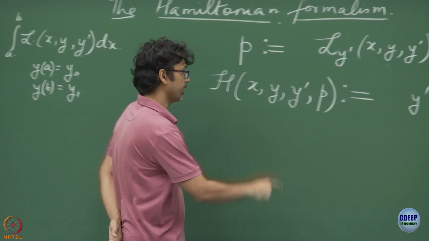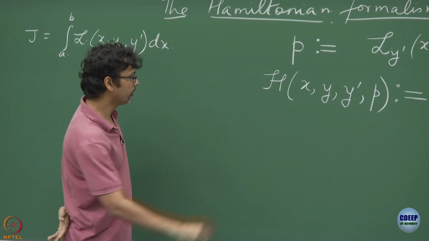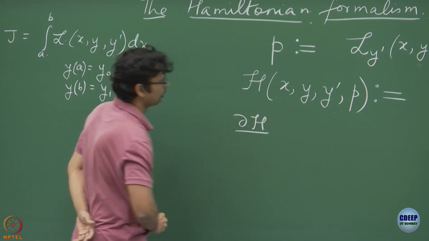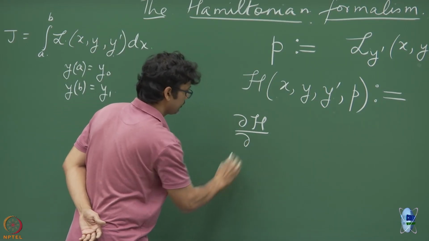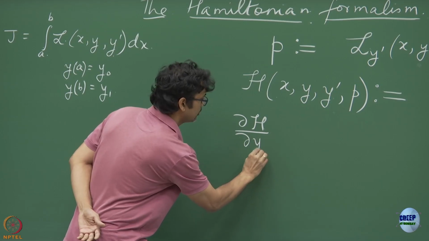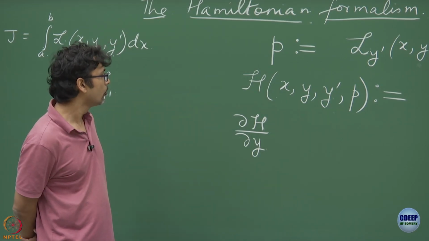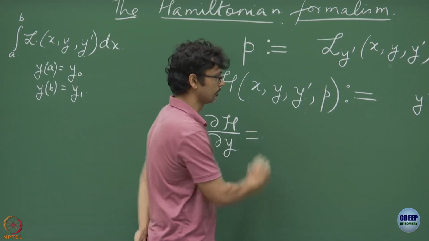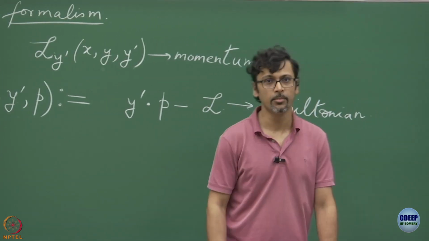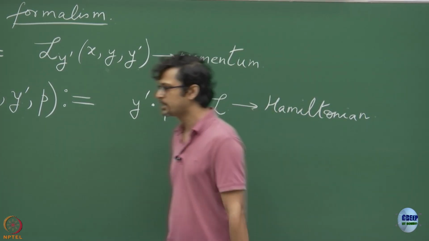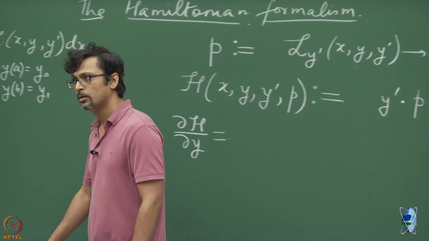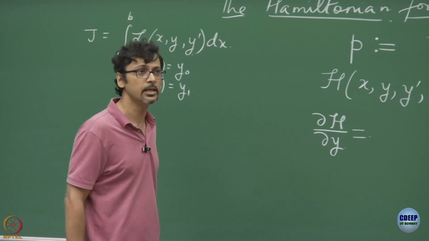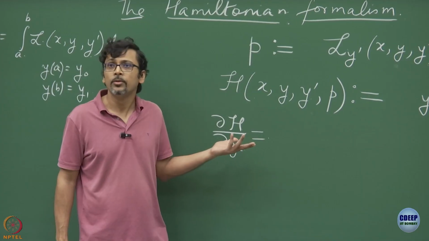All right. So if I were to do the following, the partial of the Hamiltonian with respect to y, what do you think that's going to lead to? It's a partial, remember? So only those terms which have explicit appearance of y will show up something non-trivial, perhaps. The other terms where y does not appear explicitly, they will lead to 0.